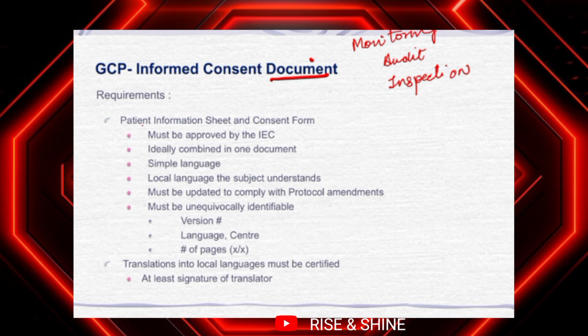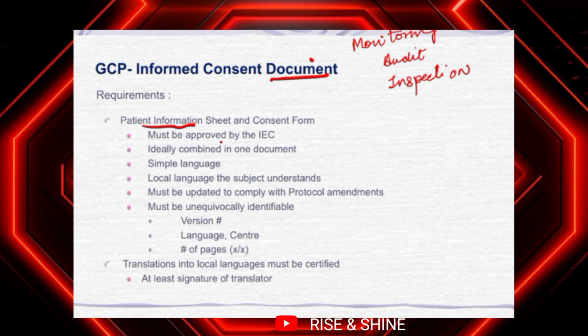What are the main requirements to document the informed consent form? The patient information sheet, the one that I discussed in the last slide, where you tell them all the information on your trial and on your new product.